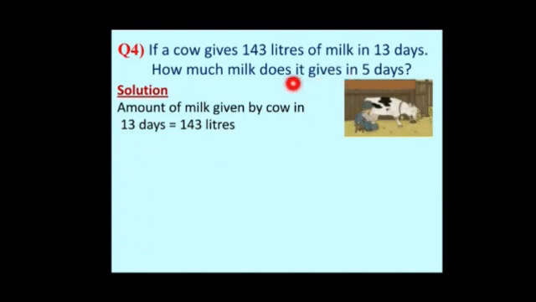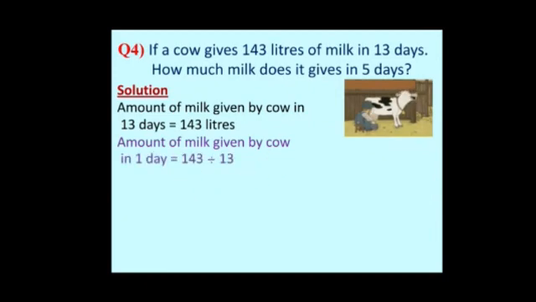Now we have to find out the milk given by the cow in 5 days, right? But for that we need to first find out the amount of milk given by the cow in 1 day. So we will divide 143 by 13 as per the unitary method, right?